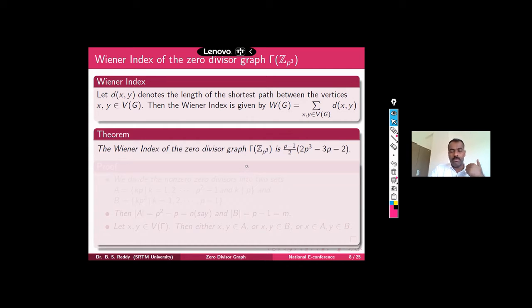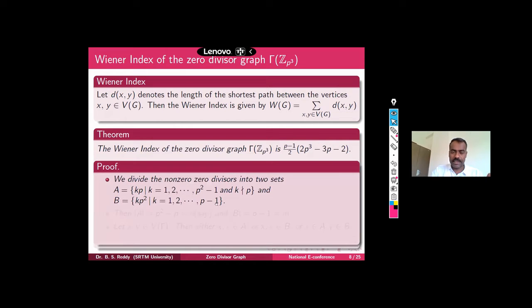Now what we did is we proved the Wiener index for Z P Q, which is this one. The idea is simple, which I have already explained earlier. We have to split the vertex set of zero divisors into two sets: the first one is only the multiples of p, the other one is the multiples of p square.